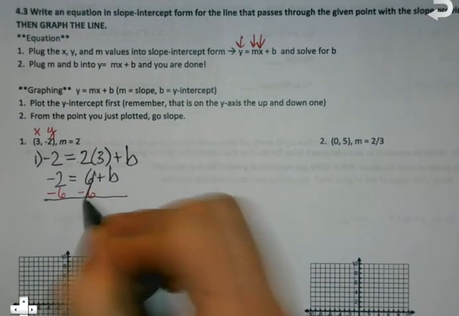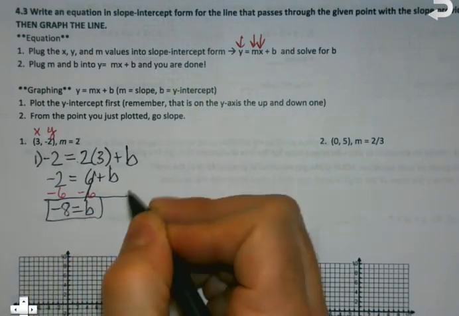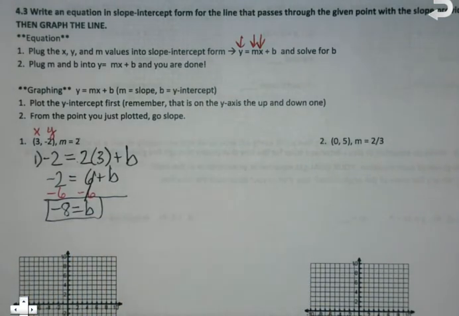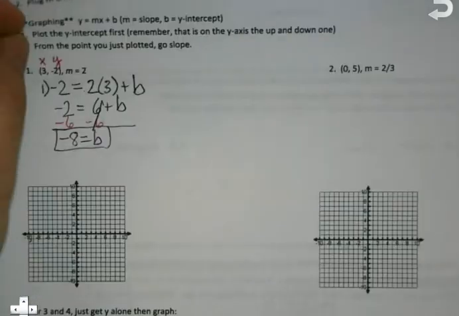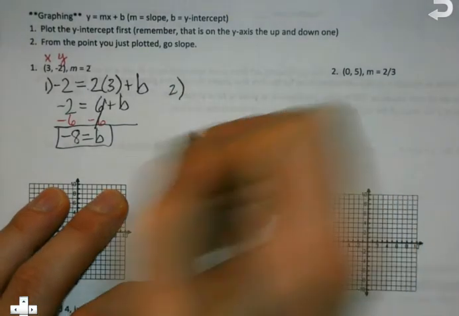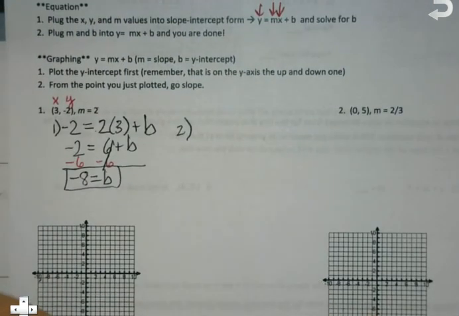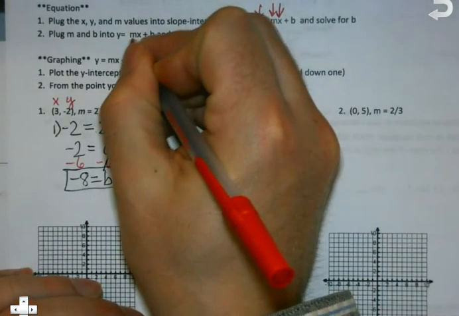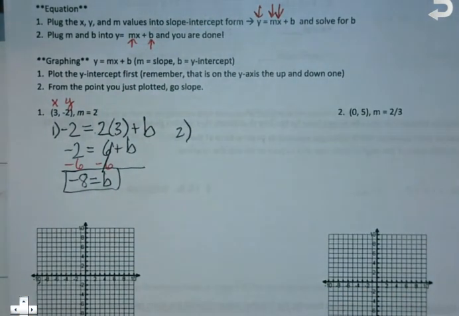So once I get those plugged in, basically I've only got one step to get my b. But again, to get the equation so I can graph this, I've got one more piece I have to deal with. Because now if you notice, step 2, plug that into m and b.